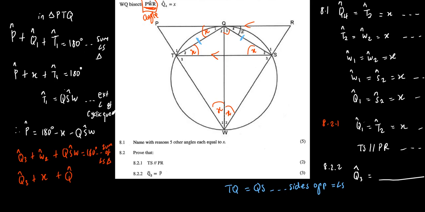Then we have Q3 plus X plus QSW equals 180. Now if I make Q3 the subject, what do I have? 180 minus X minus QSW, which is the same as this one. Then you have proof that angle P is equal to angle Q3.